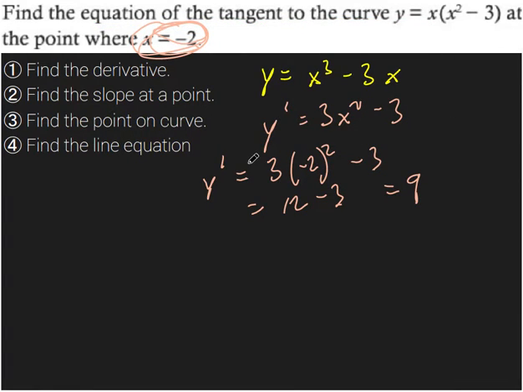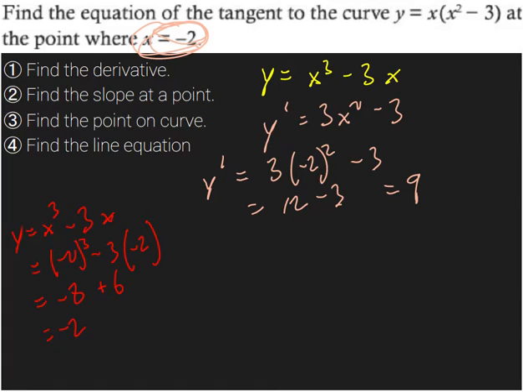So our original function was y equals x cubed, take away 3x. And I want to find the y value when x is -2. So I'm going to plug in -2 cubed, take away 3 times -2. -2 cubed is -8, and we're going to add 6, that gives -2.